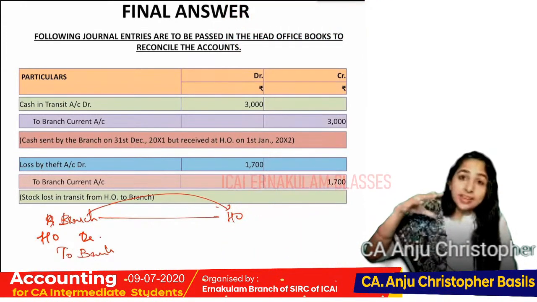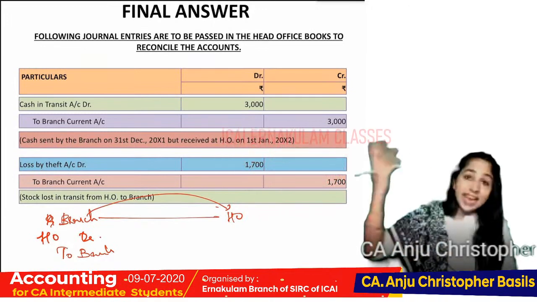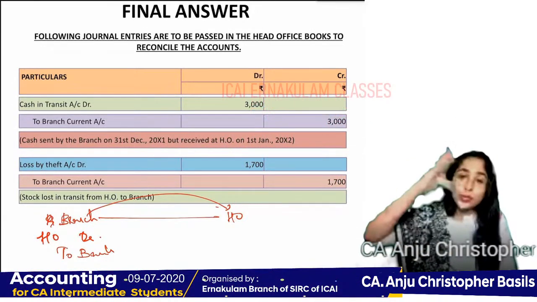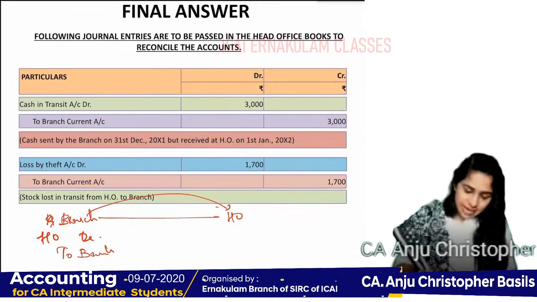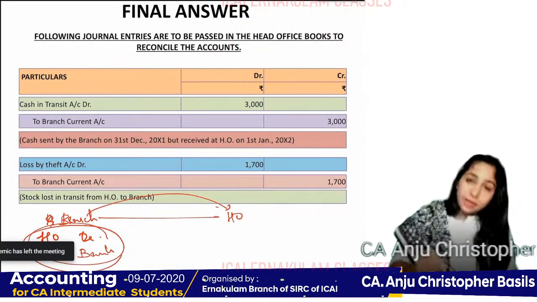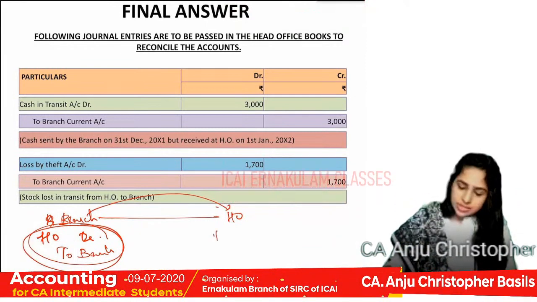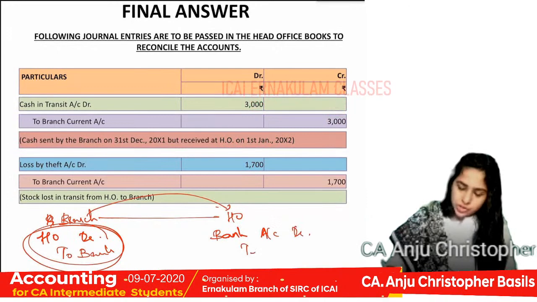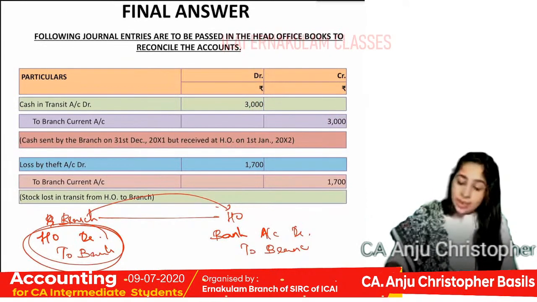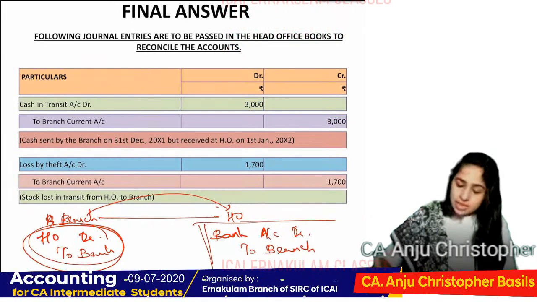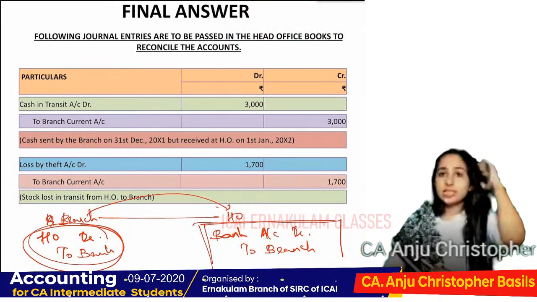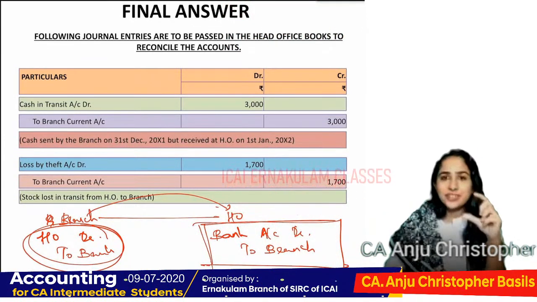Their bank balance or their cash balance reduces, and the head office liability also reduces. So HO account debited to bank. So this entry is recorded in the branch books. So when it is actually received in the head office, what will they pass? Bank account debited to branch. Okay. So they missed out to enter that journal entry in the books.